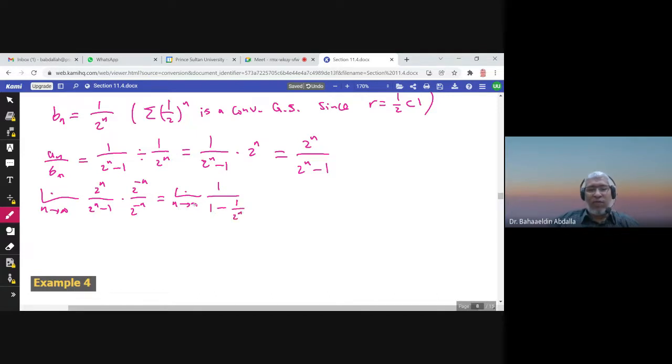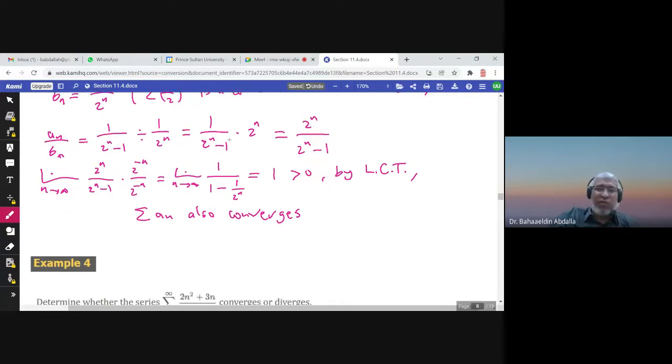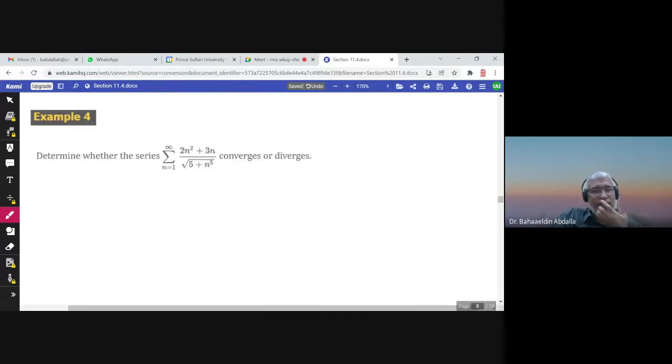Now, if you replace n with infinity, 2 to the power infinity is infinity, and 1 over infinity is 0. So I'll get 1 over 1, which is 1. Now, 1 is greater than 0. So by the limit comparison test, the summation of a_n also converges, because the summation of b_n converges.